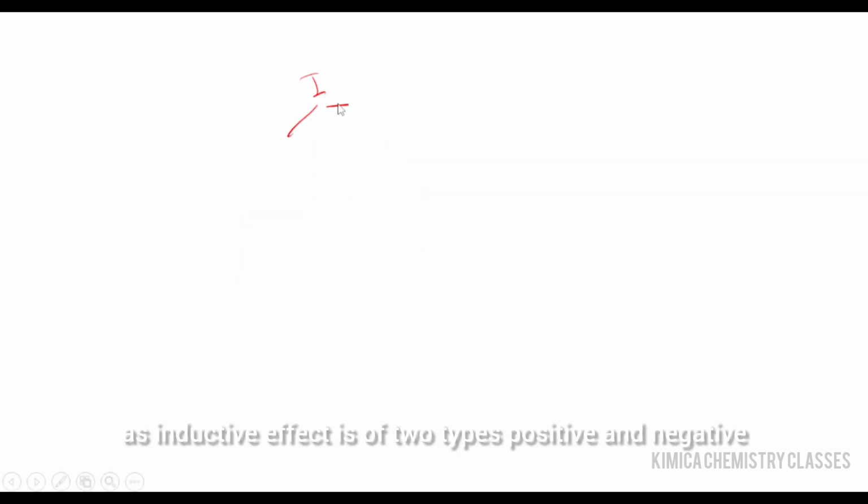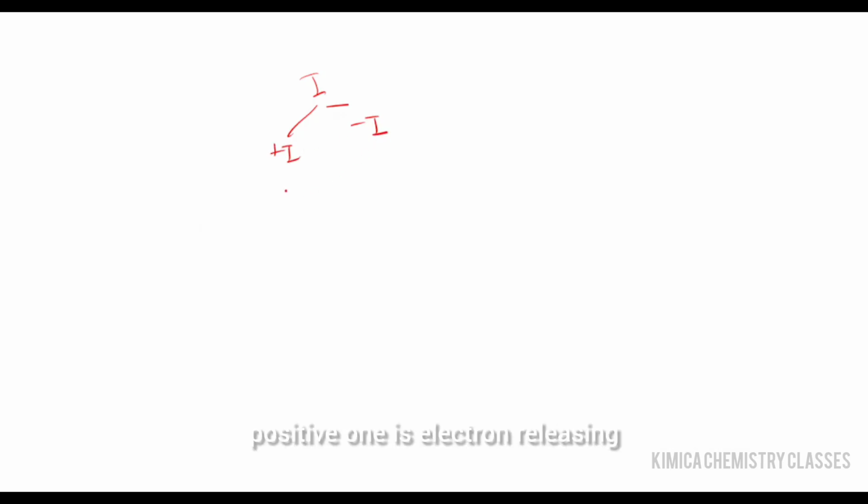So inductive effect is of two types, positive and negative. Positive one is electron releasing and negative one is electron withdrawing, right? So the electron withdrawing one.